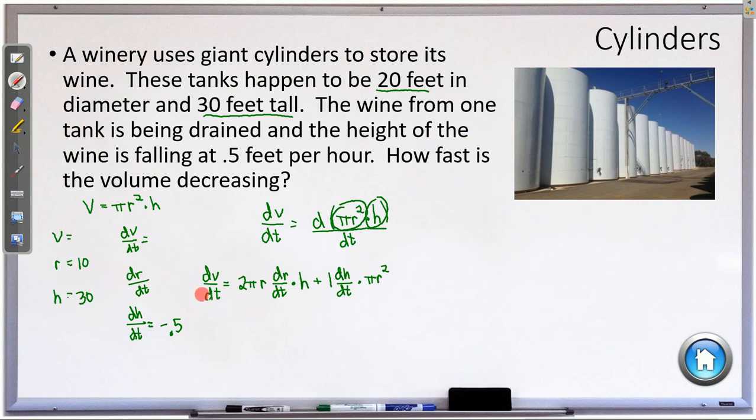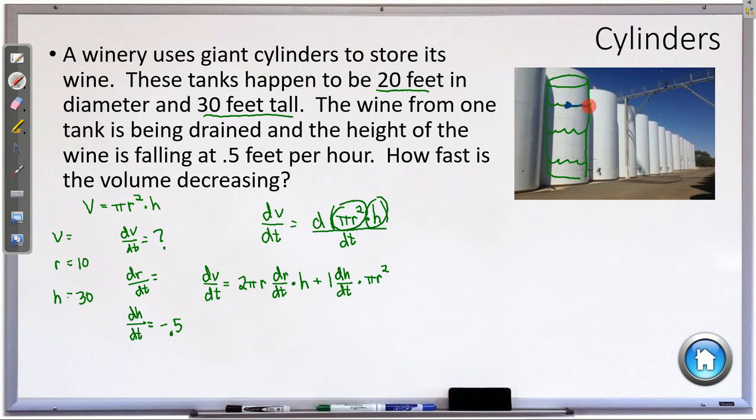Now there's one more piece of information here: how fast is the volume decreasing? Well, we want to find dV/dt. How fast is the volume changing? So wouldn't it be nice if we knew what dr/dt is? That's also in our equation. Well, we do. Think about this tank here. Here's the cylinder. As this wine falls, what do you notice about the radius?